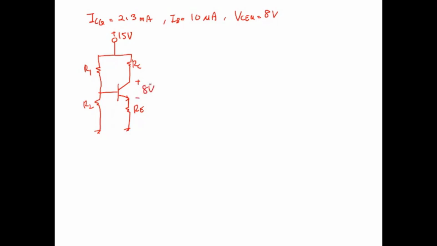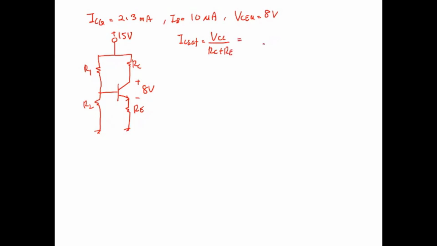How can you get the value of RC and RE? There are many ways, but the simplest way, a rough calculation, is to use the IC saturation equation. IC saturation is VCC over RC plus RE.